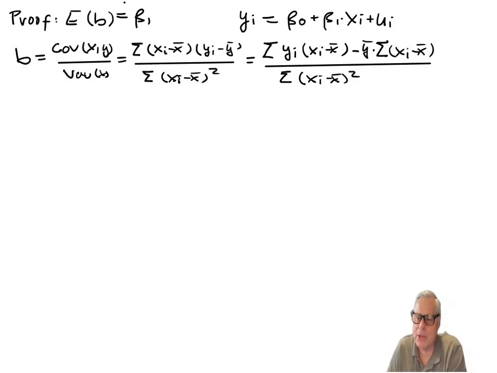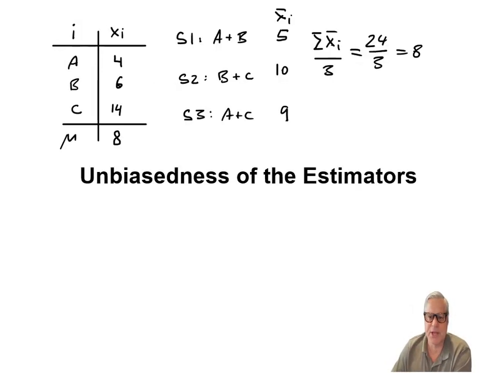Okay, but the point here is that the sum of all the deviations from the mean is always 0. So this sum is equal to 0. And we can see that if we quickly go back to our sample.